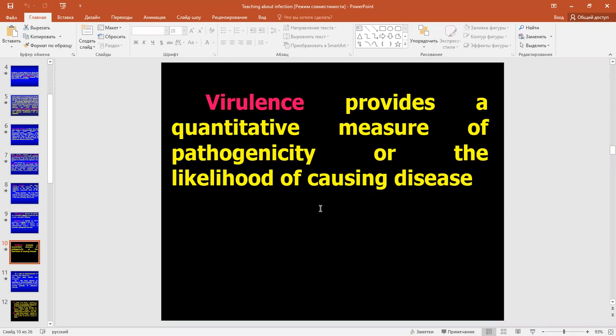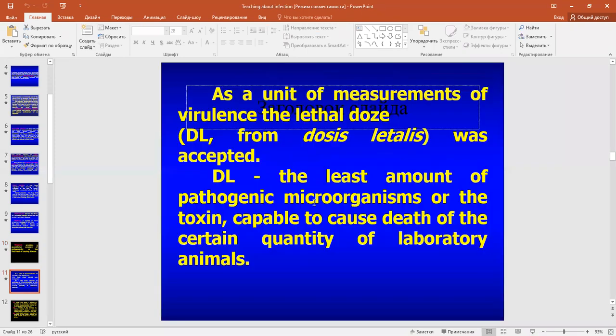It is possible to estimate the ability of every strain to cause infectious disease. As a unit of measurement of virulence, the lethal dose, DL, from the Latin dosis letalis, was accepted. What does dosis letalis mean?